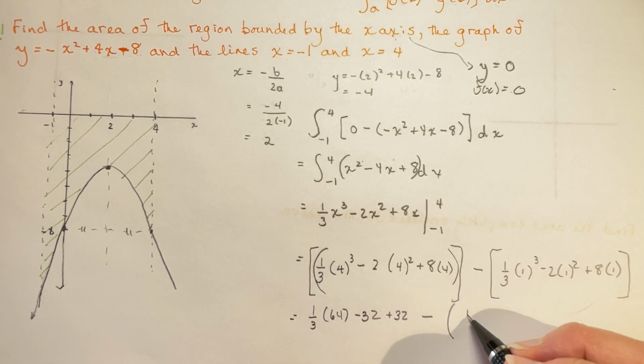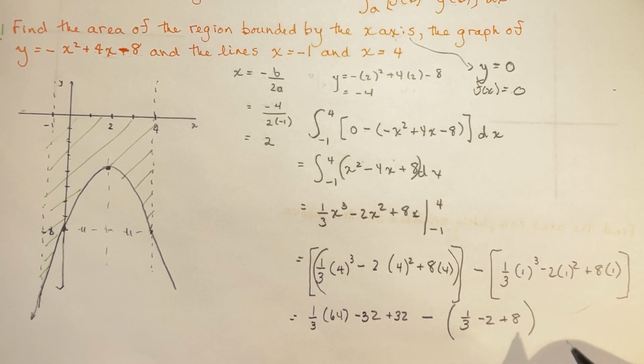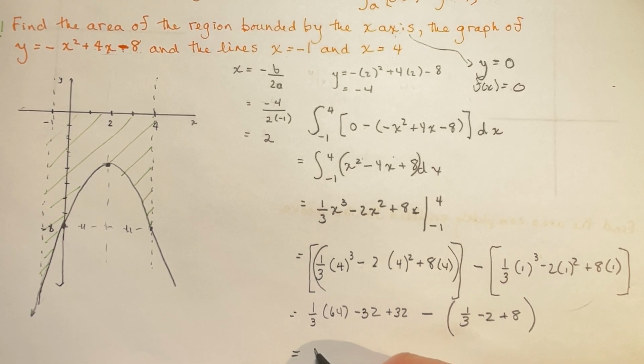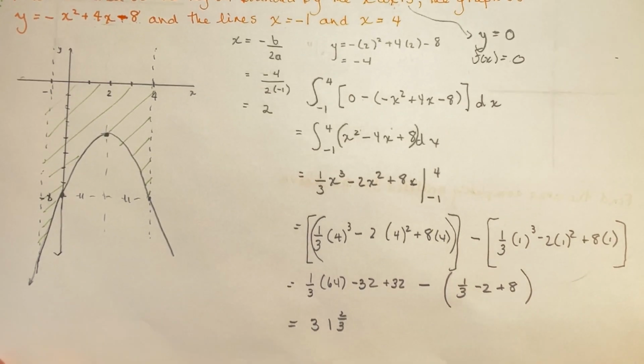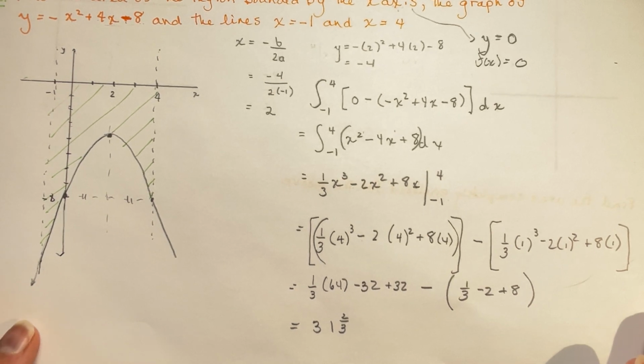So I'm going to have 1/3 minus 2 plus 8. I'm not going to do all that and waste a lot of time for you, so I'm just going to tell you what the answer is, and you can try that on your own. So you get 31 2/3. Okay, so that's how you would do it.